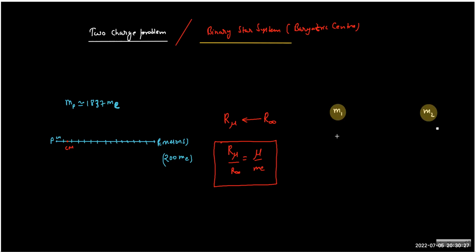Let's say we have two masses M1 and M2, and they are attached or not attached. They are actually moving in space due to their mutual gravitational attraction. Now, why is the motion necessary? Try to understand this. What happens if you don't move? If they only attract each other, they will eventually collapse, isn't it? Yes.